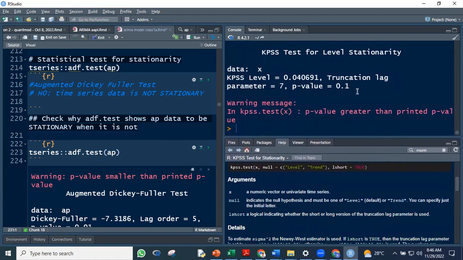Okay, so this one, p-value says that we fail to reject the null hypothesis that X is level stationary. Kasi ito yung random numbers natin. Okay, so by the use of the KPSS test, we were able to confirm that indeed our random numbers is level stationary. Okay, unlike here.